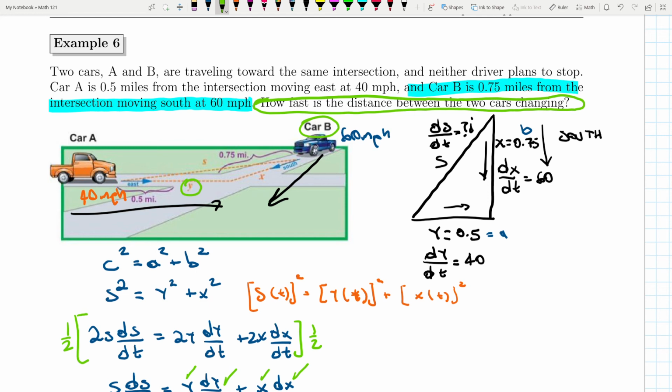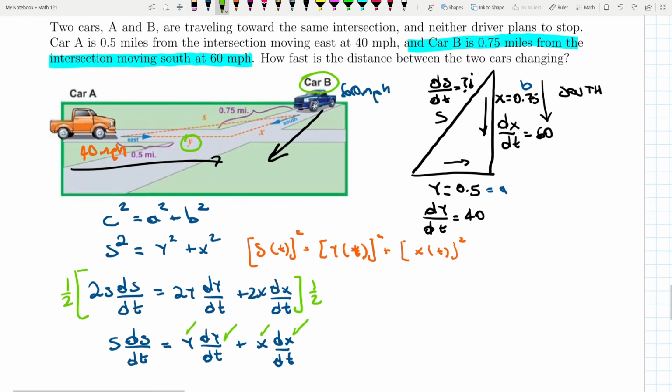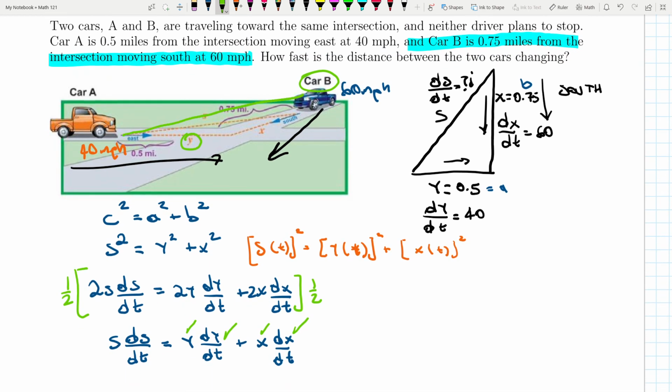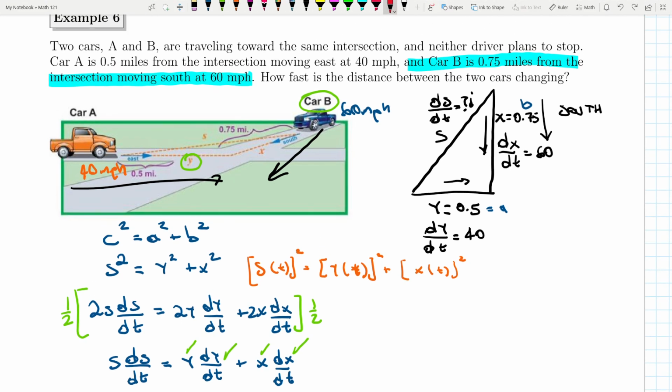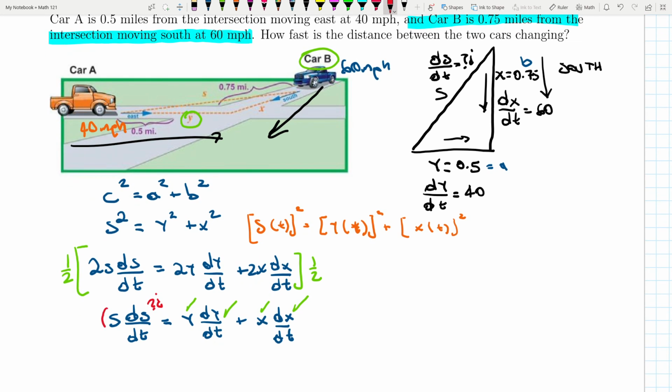Which distance are we talking about? This diagonal distance in between, which is this one right there. So essentially, they're asking us for ds/dt. However, there's another piece of information that we don't have, that is s. Even though they're not giving us that, we have enough information to compute it and then solve this problem.